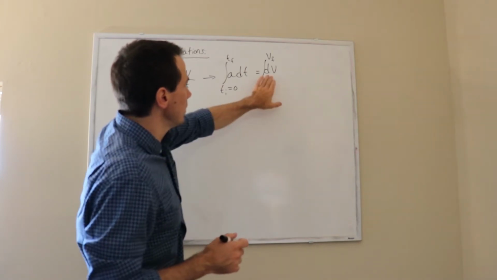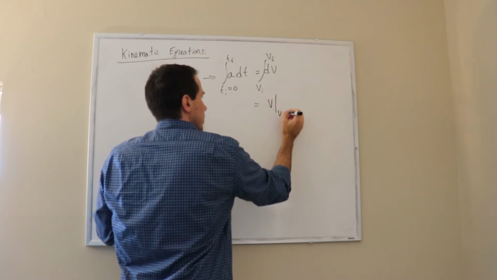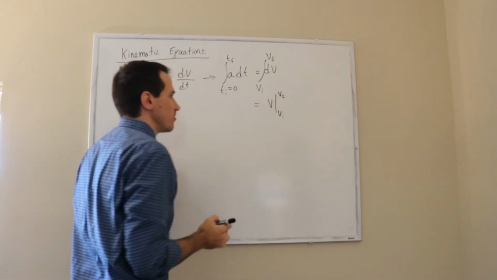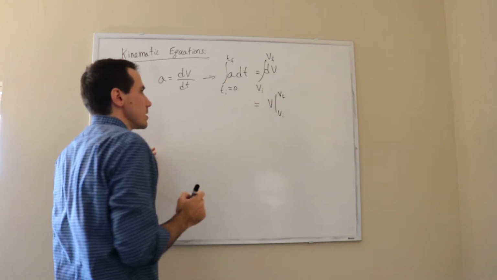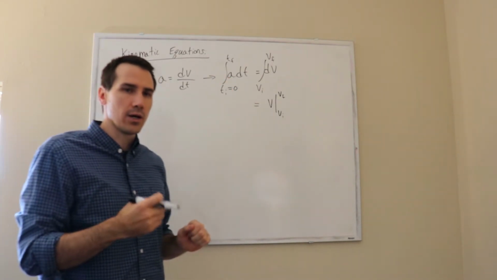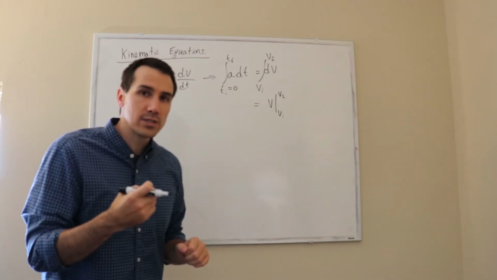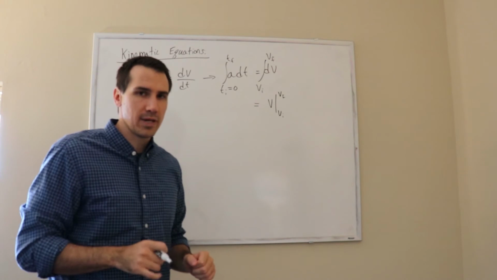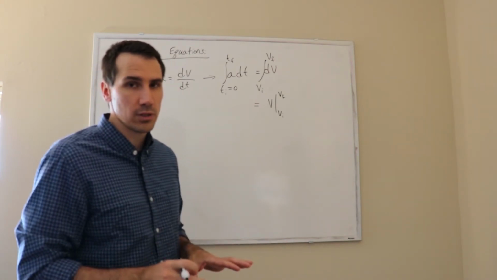Okay, well, this right side integral is quite easy. It is just v, from v initial to v final. And here is the part where I rely on the fact that the acceleration is constant. So the equations that I wrote down at the beginning, our three kinematic equations, work only for constant acceleration.